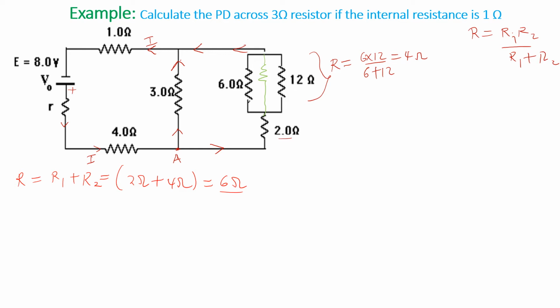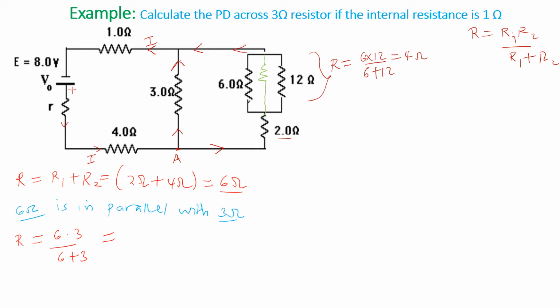Then you can see that the 6 ohm resistor is in parallel with the 3 ohm. Their effective resistance is going to be 6 times 3 over 6 plus 3, so 6 multiplied by 3 divided by 9.